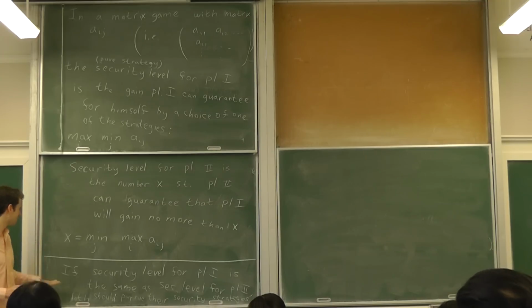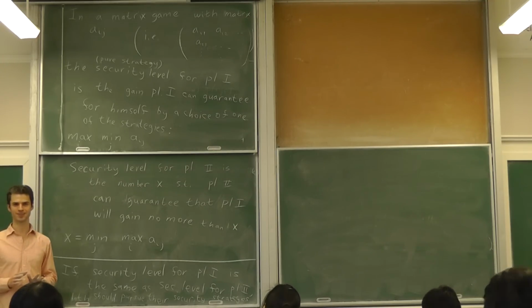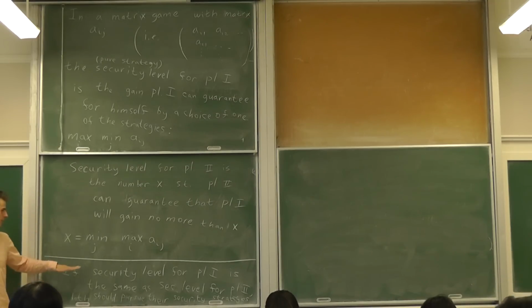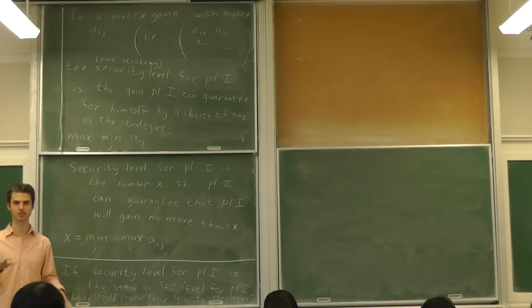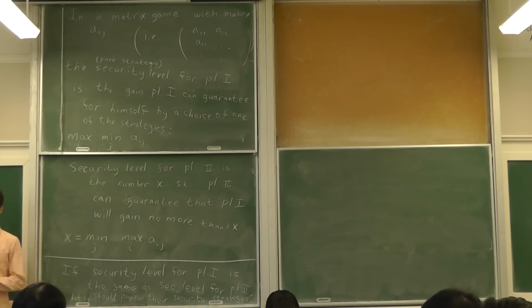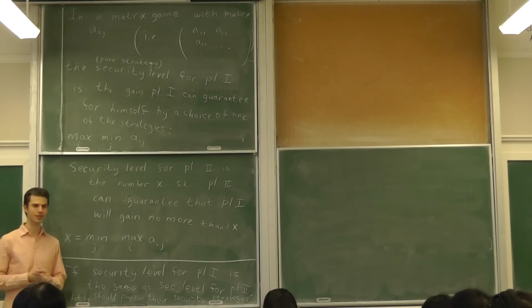So maybe before this, is the concept of security level clear? Is it clear why, if the security levels coincide, then we do have some optimal strategies both for player 1 and player 2? Good. So now try to come up with an example of a game.